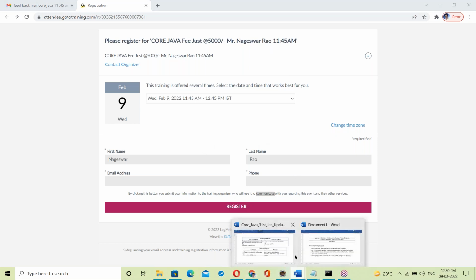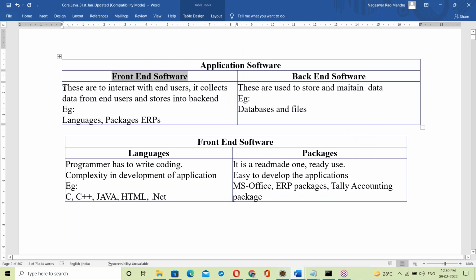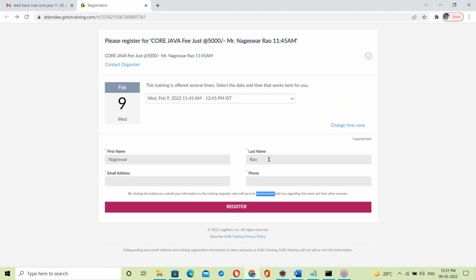Front end and back end are used to interact with end users. It collects data from end users and stores it in the back end. Here this form is collecting data, so this is front end.